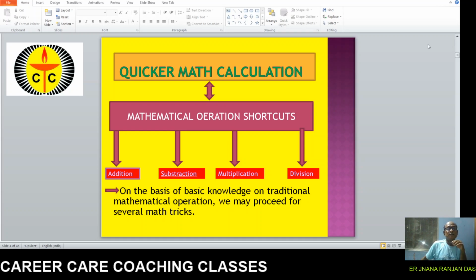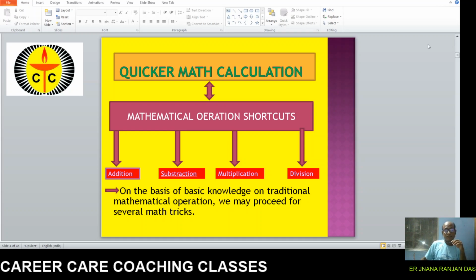Mathematical operation basically involves four types of processes, that is addition, subtraction, multiplication, and division. We assume that you all have basic or traditional knowledge of carrying out addition, subtraction, multiplication, and division.